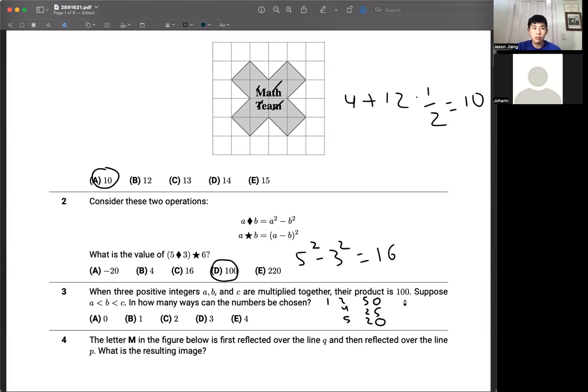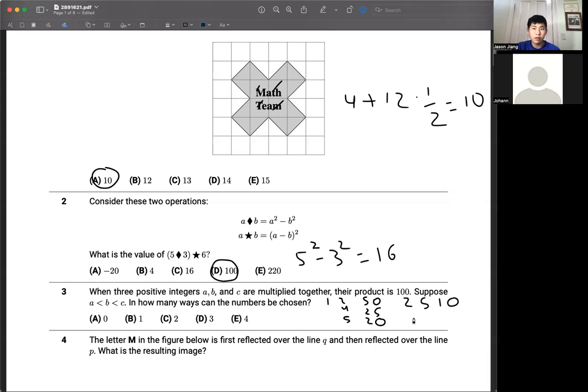The only other possibility is a equals 2, and then b would have to be bigger than 2, right? So our first possibility might be 4, but that doesn't work because that's too many factors of 2, since 100 is not a multiple of 2 times 4. So the next possibility would be 2 times 5 times 10.